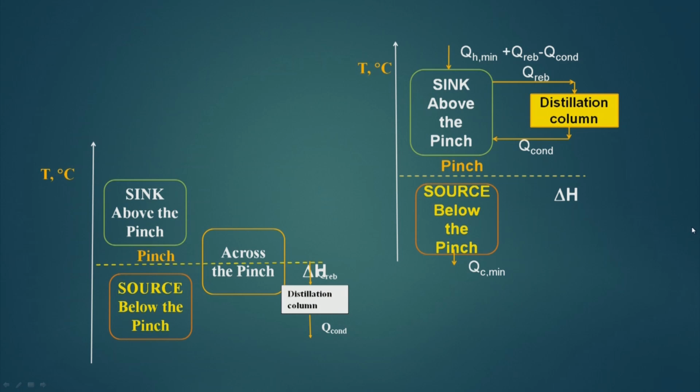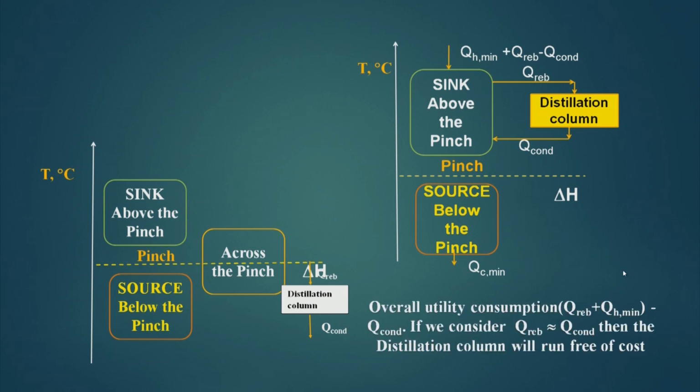So, let us analyze. Overall utility consumption is Q reboiler plus QH minimum minus Q condenser. If we consider Q reboiler equal to Q condenser, then the distillation column will run free of cost.